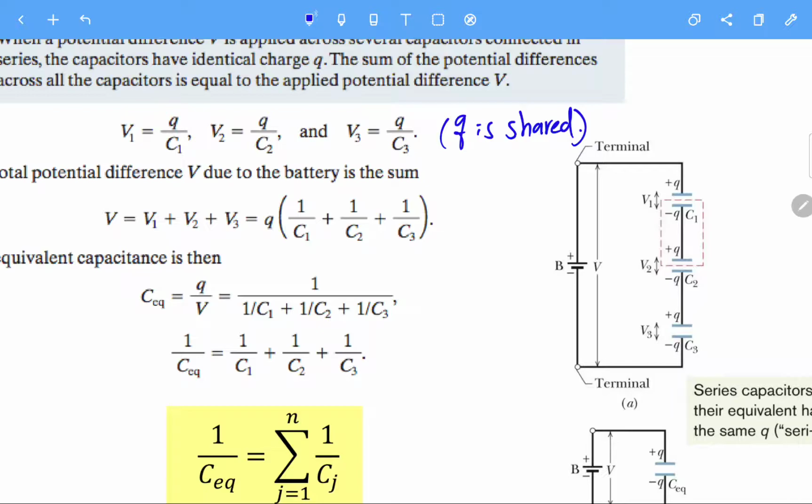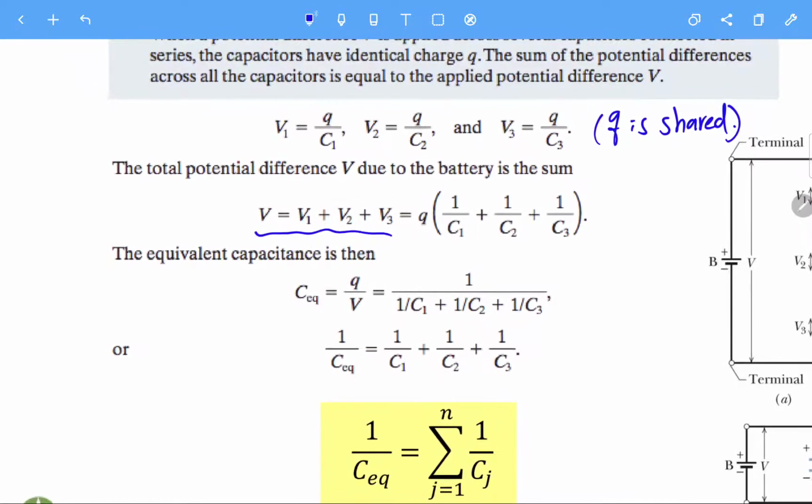And here we also use the fact that the potential difference for the first capacitor is V1, V2 for the second one, V3 for the third one. And V is the potential difference from the battery.